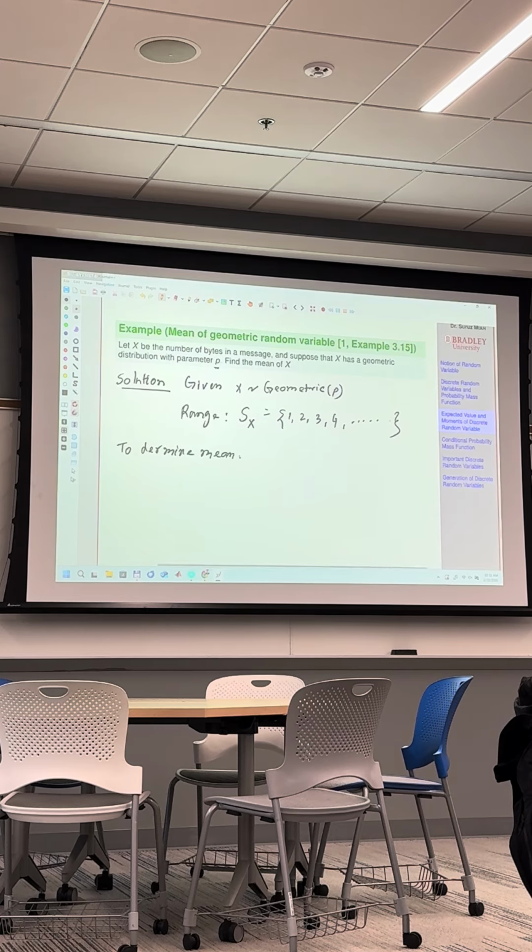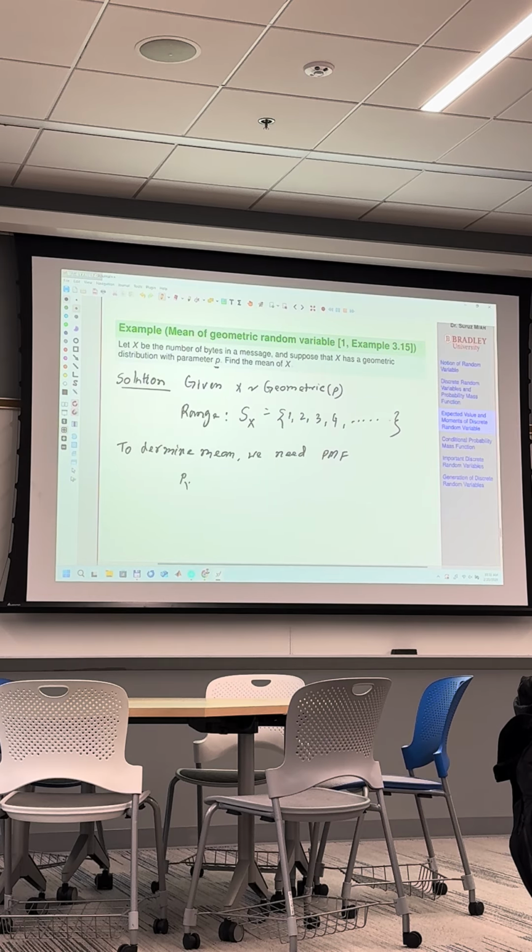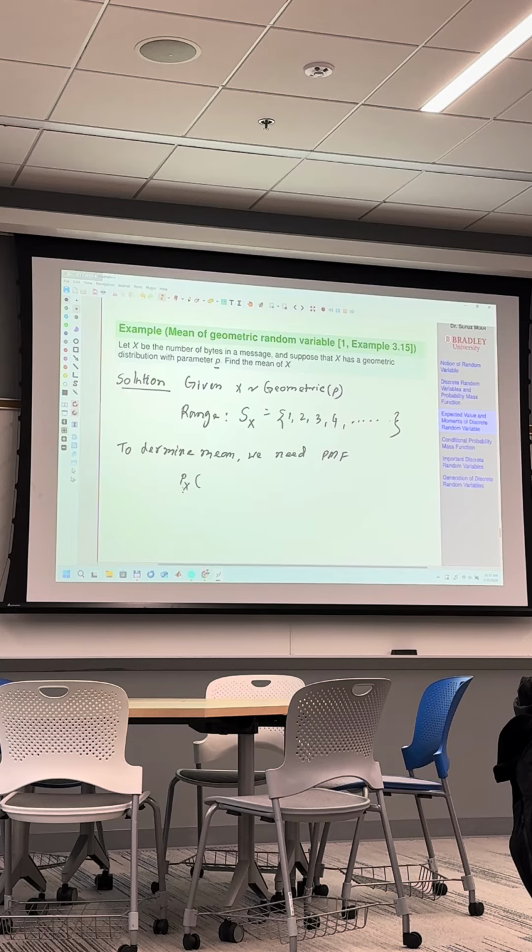Now, to determine the mean, we need the PMF. So the PMF of geometric random variable x taking value, let's say lowercase k, just to distinguish, is by definition the probability that x takes value exactly k.